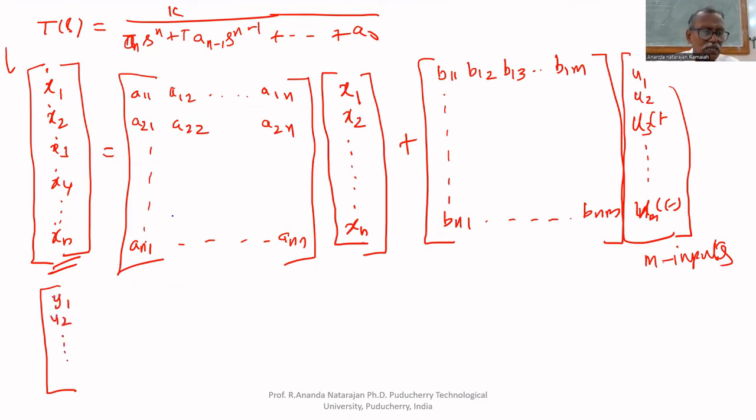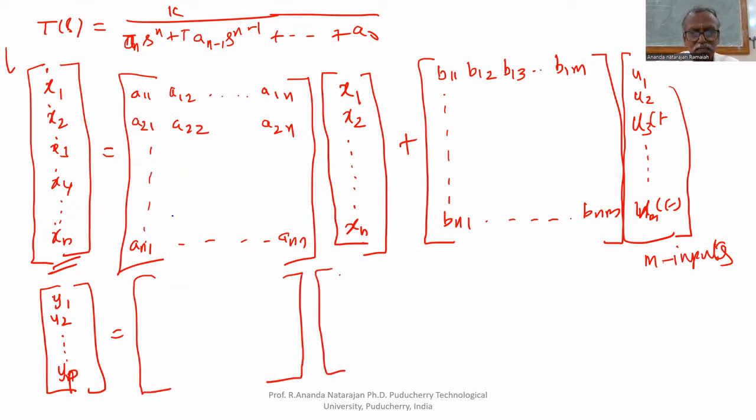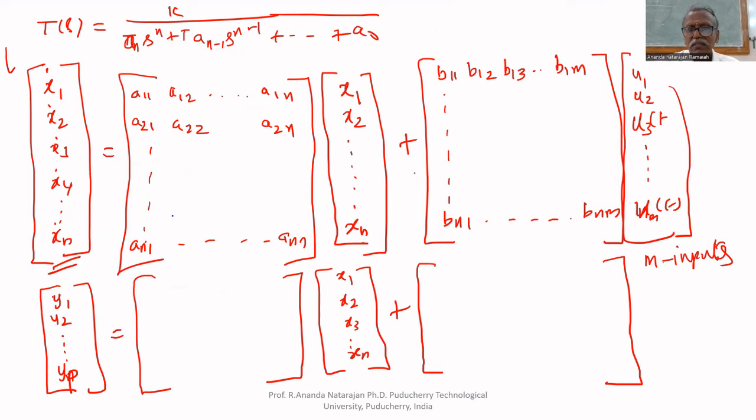Y1, Y2, etc., Yp equal to a C matrix times x1, x2, x3, etc., xn, plus the D matrix, d11, d12, etc., d1m, dpm, times u1, u2, etc.